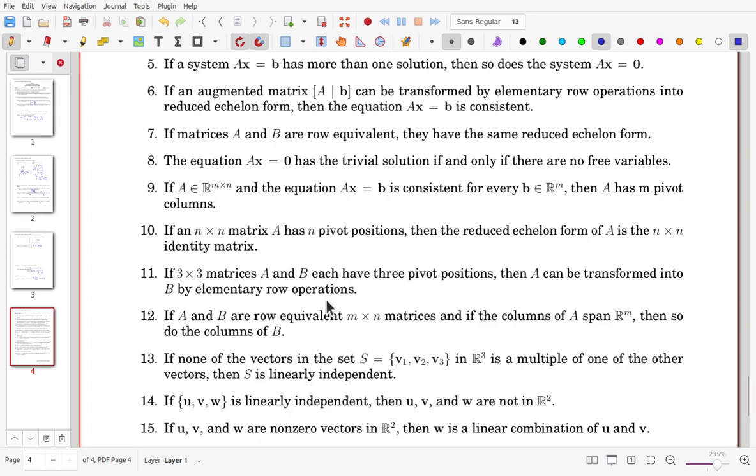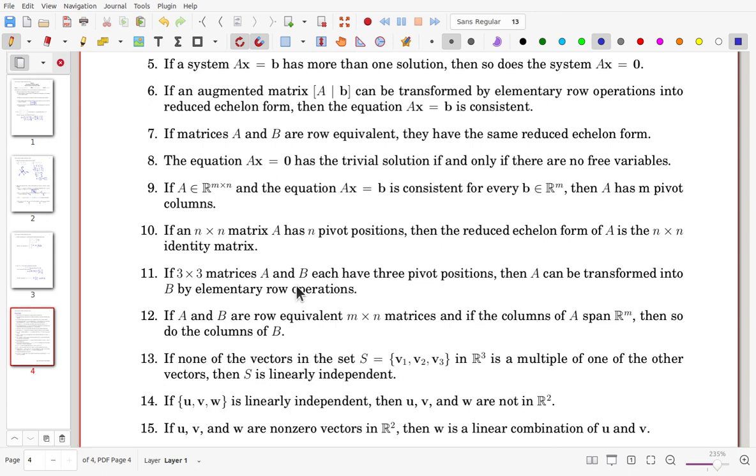Yeah, it must be true. By using this one, A can be transformed into identity, and also B can be transformed into identity.